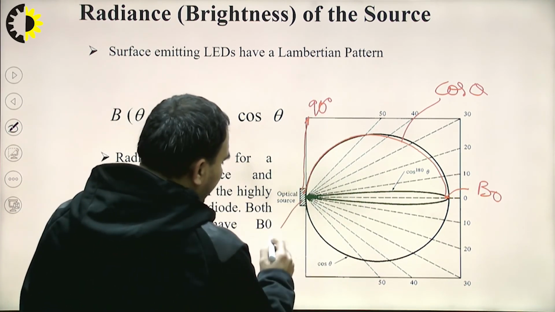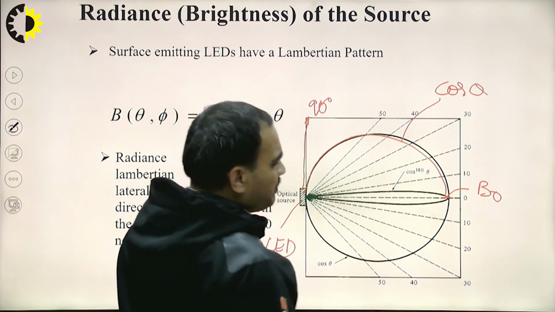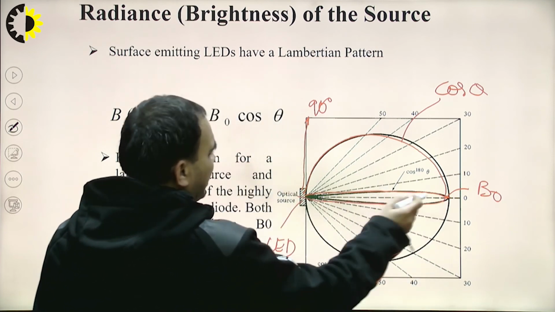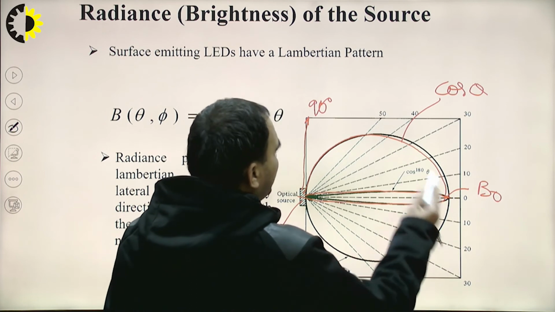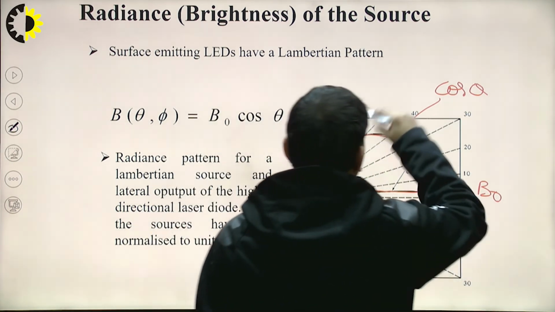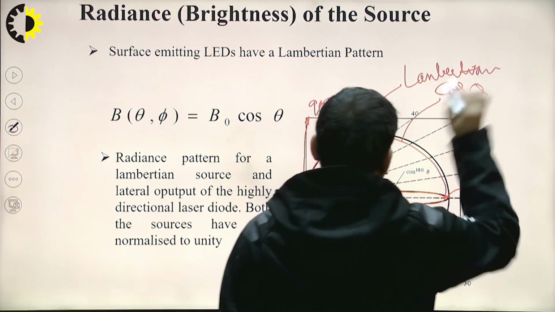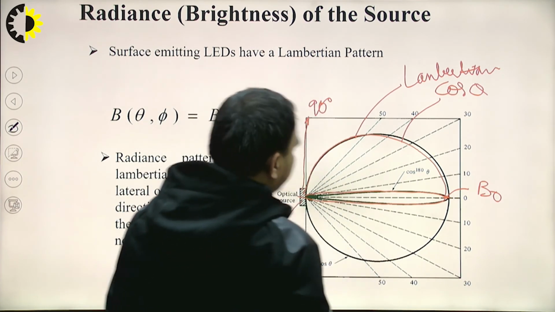If this is the LED or the source, we can see the distribution. If it is the pencil beam distribution, again the maximum will be at theta equals 0. Another pattern is the Lambertian pattern, which again goes back to 0 at 90 degrees.